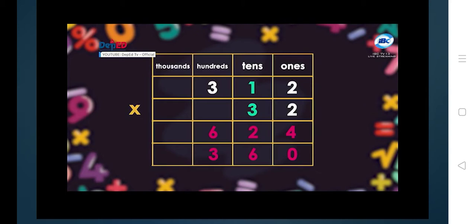We will write 3 in the hundreds place, then add 0 to 6, then 0 plus 0 is 0. Lastly, 3 tens times 3 hundreds is 9,000. We will write 9 under the thousands place and add the zeros to ones to hundreds place. 32 multiplied by 312 is 9,360.